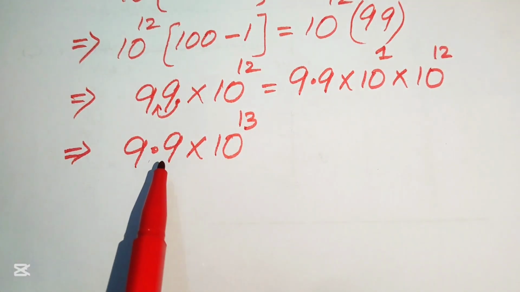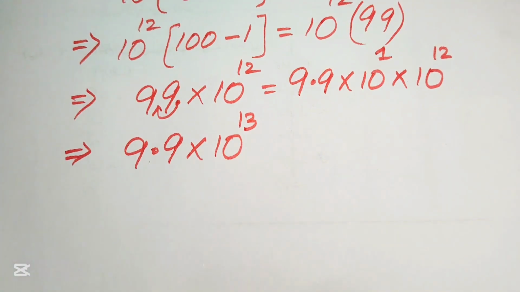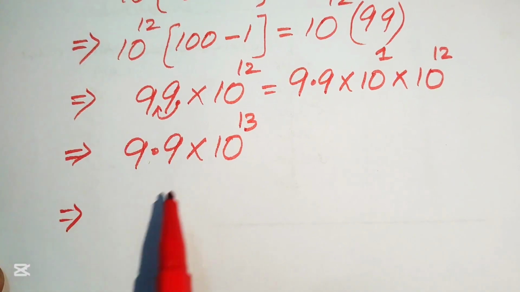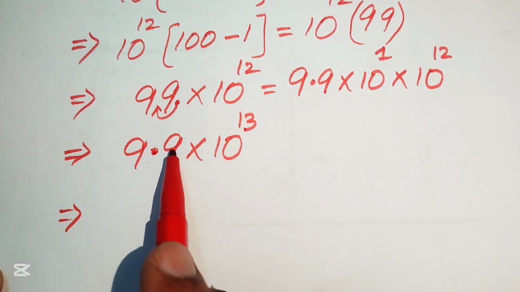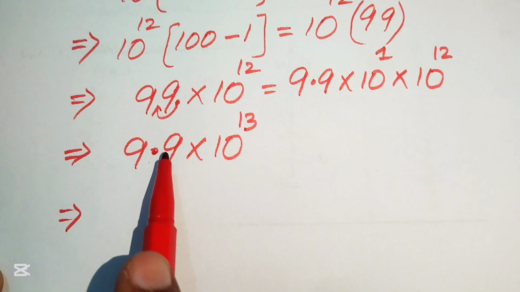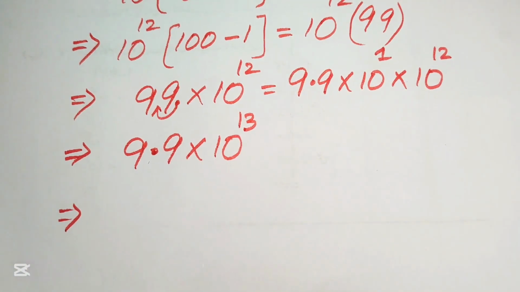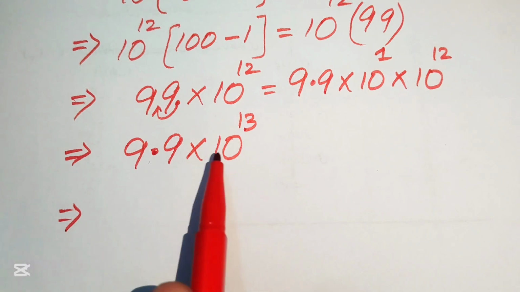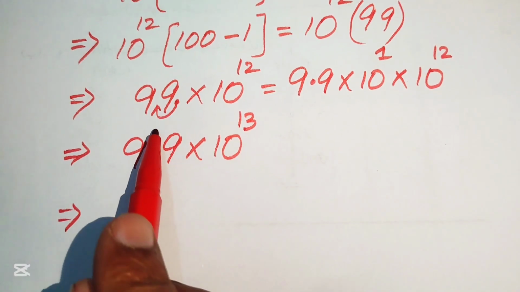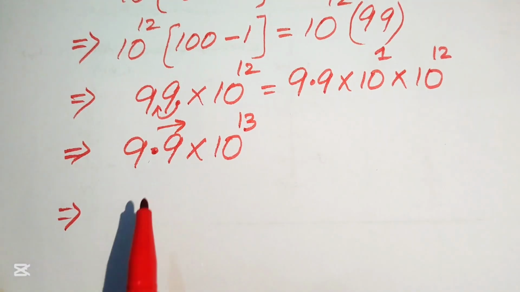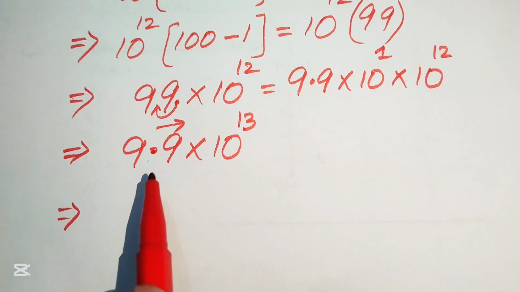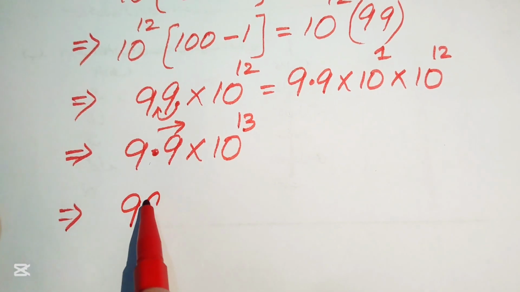So when you write this scientific notation in ordinary notation, we move this decimal 13 digits to the right side. Sorry, we move our decimal in this direction by 13 digits. So we write it as 9.